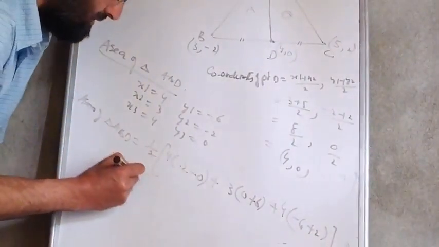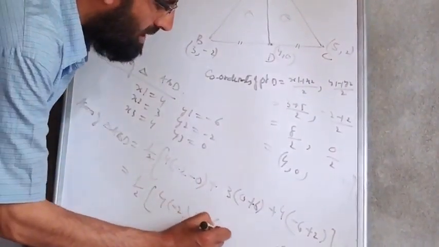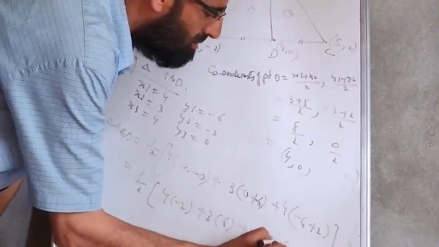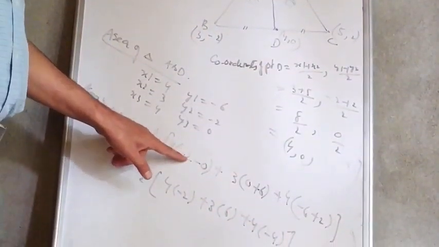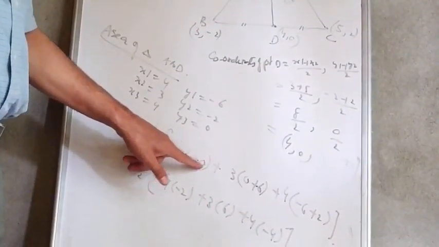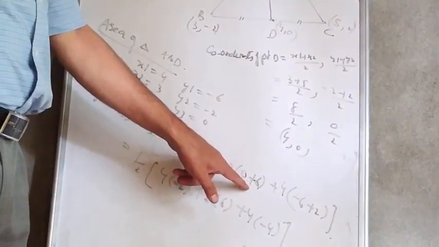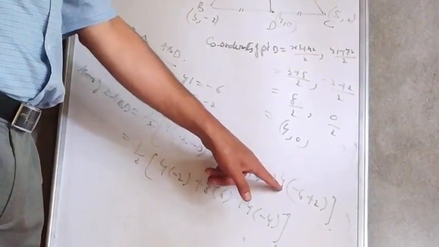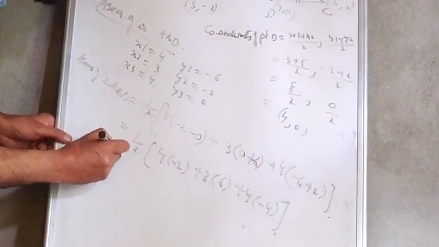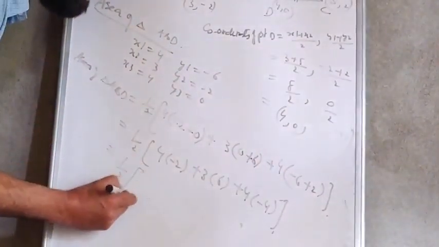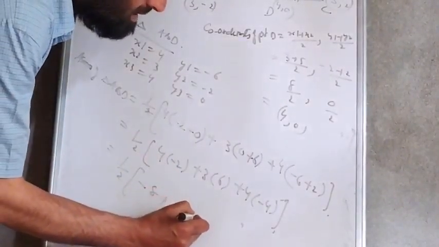So this is equal to 1 by 2 times [4 into -2, plus 3 into 6, plus 4 into -4]. That is 1 by 2 times [-8 plus 18 minus 16].